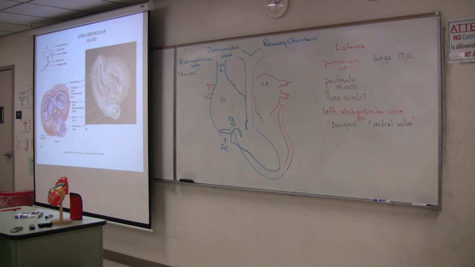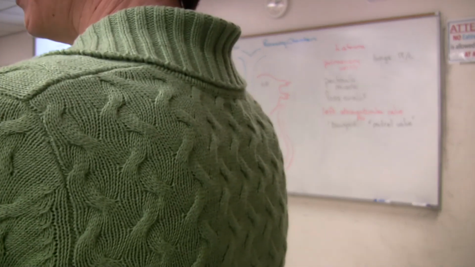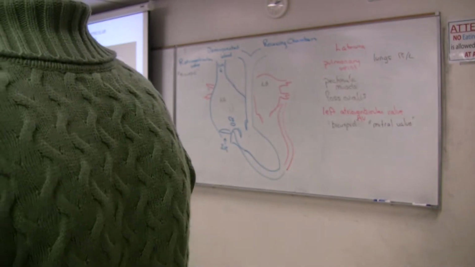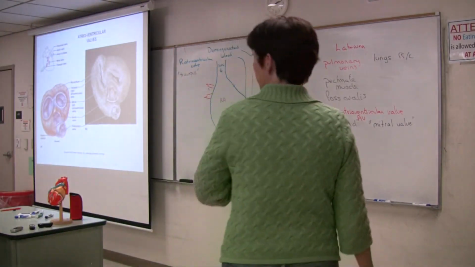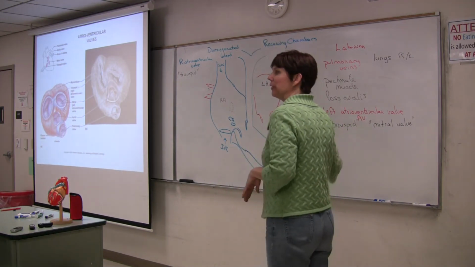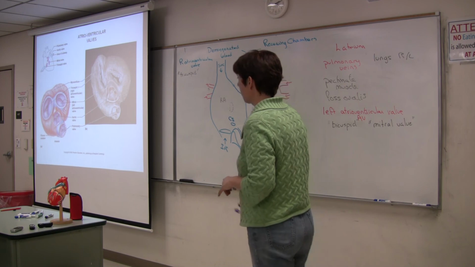It actually goes back up into the atrium. Or you can have mitral valve prolapse, in which the valve turns inside out, and again, blood flows back into the atrium instead of out the ventricle. Okay, so just so you'll know what the word mitral refers to, it's referring to the left atrioventricular valve.